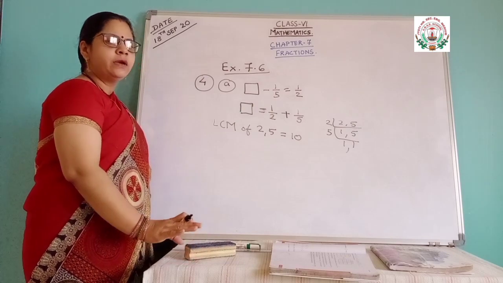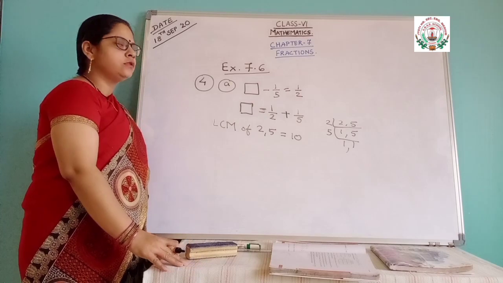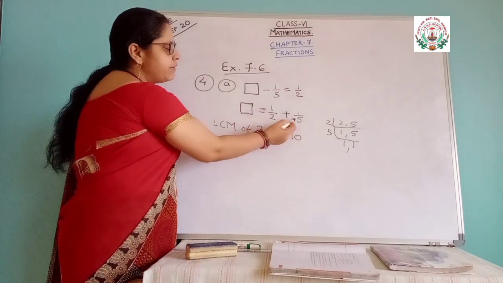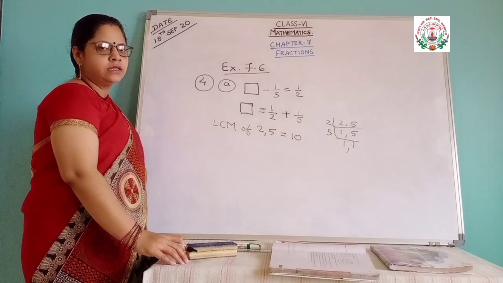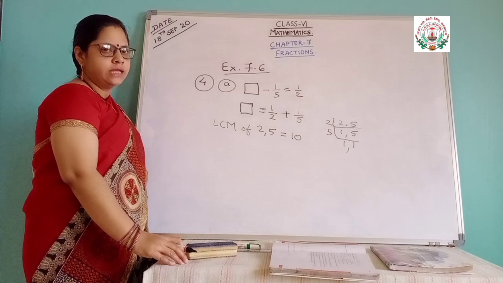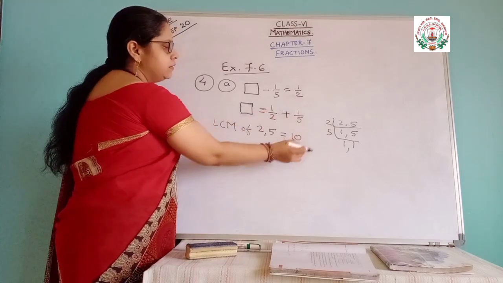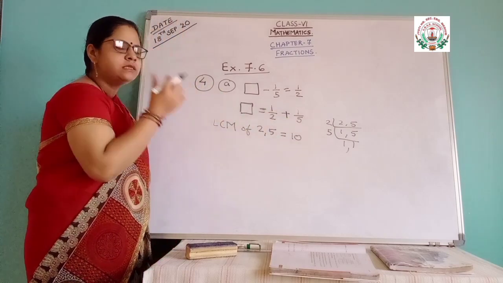You should have that practice because sometimes you are going to give competitive exams also. So 2 and 5 both are prime numbers. If prime numbers are there in the denominators, just the multiplication of them is the LCM. So 2 fives are 10. Here also if you are finding the LCM, 2 fives are 10. So 10 is the LCM.